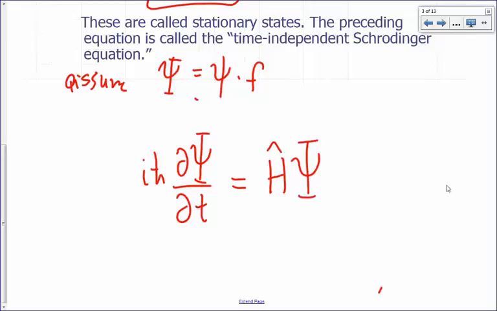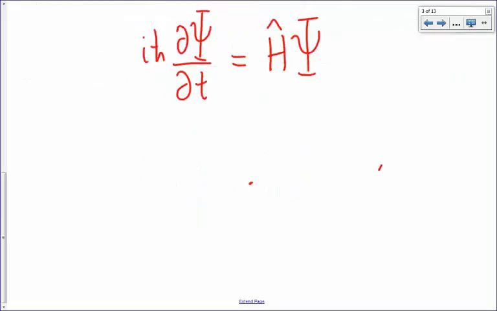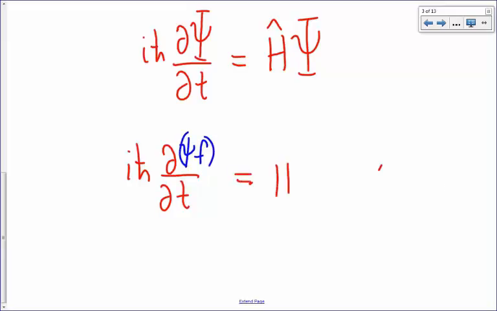So let's substitute. I'm going to say i h bar, partial derivative with respect to time, I'm going to write little psi times f, okay, equals H hat operating on little psi times f.